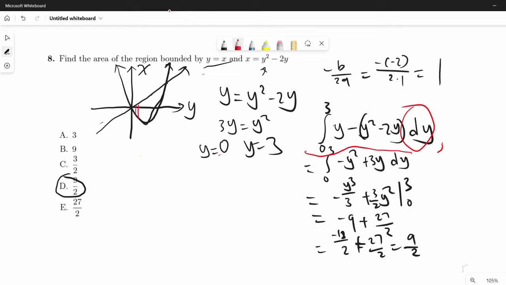So now it's this region that we're looking at, right? It's bounded on the top by the line again, and on the bottom by the parabola. And then now you can write, so 0 and 3, the limits don't change, right? The top is x equal to y, and then minus the bottom one, which is y squared minus 2y.